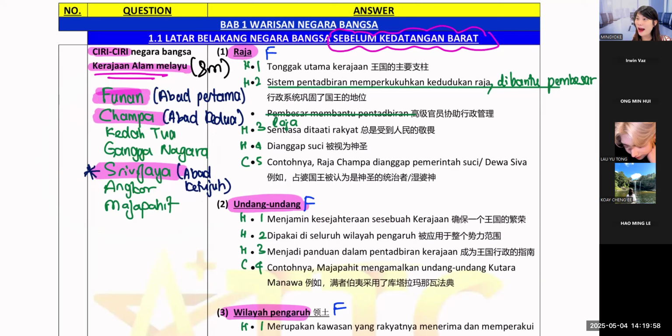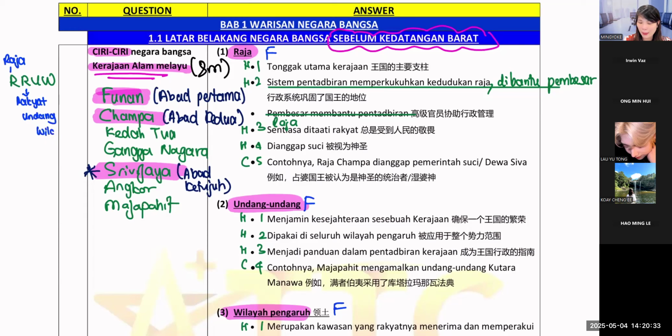Teacher, I remember Rara. Yes, Rara. Okay? Correct. Okay, Rara basically is, I consider it as raw. Raw stands for Raja. Then we have Rakyat. Then we have Undang-Undang.